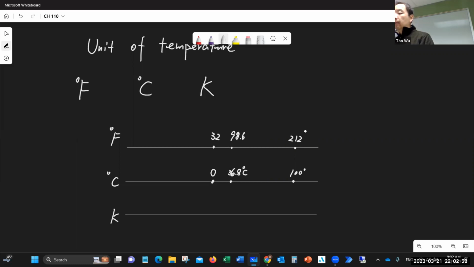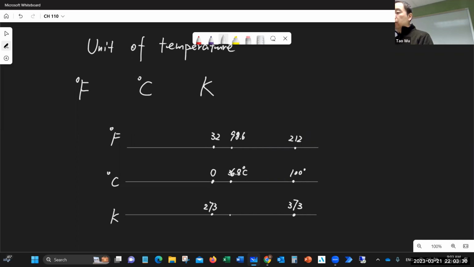If you're talking about Kelvin, Kelvin is the unit for absolute temperature. For Kelvin, the freezing point is 273. Actually it's 273.15, but you just remember 273. This is a magical number. 273 Kelvin is the freezing point. For the boiling point, that's 373 Kelvin.